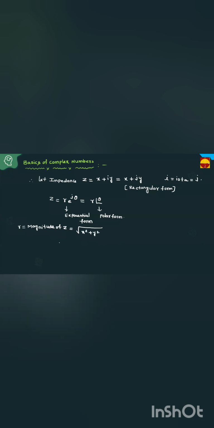Theta is the angle, that is, the argument of Z. This is equal to tan inverse y by x.